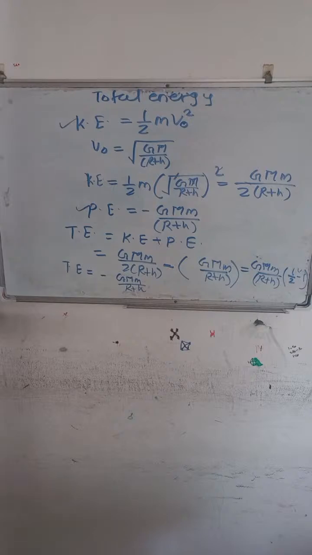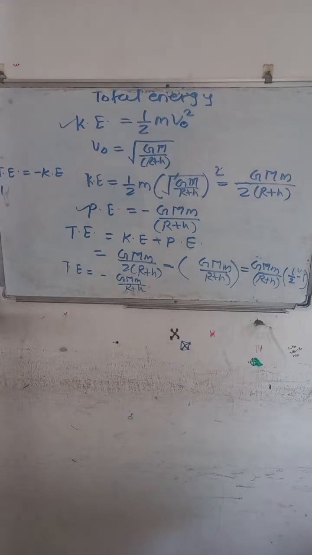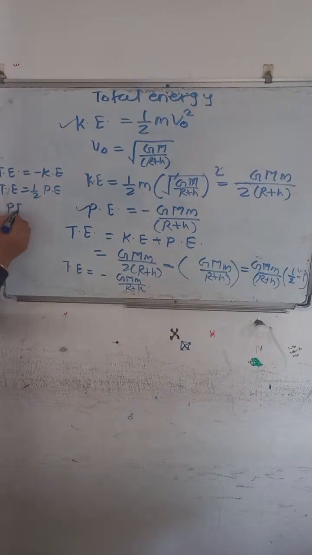This derivation, okay, and we have one relation: total energy is equal to minus kinetic energy, and here we have the total energy is equal to half of the potential energy. Okay, and we can say that here PE is nothing but twice the TE.